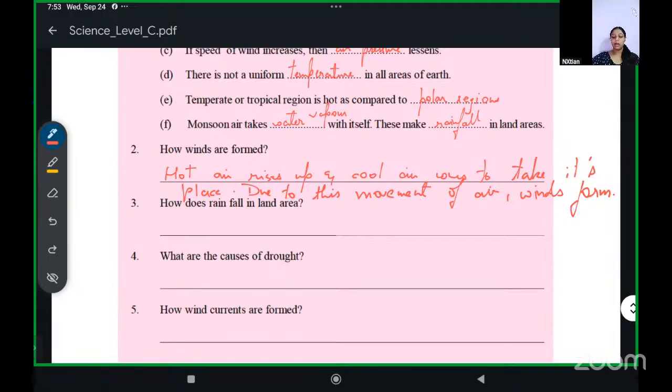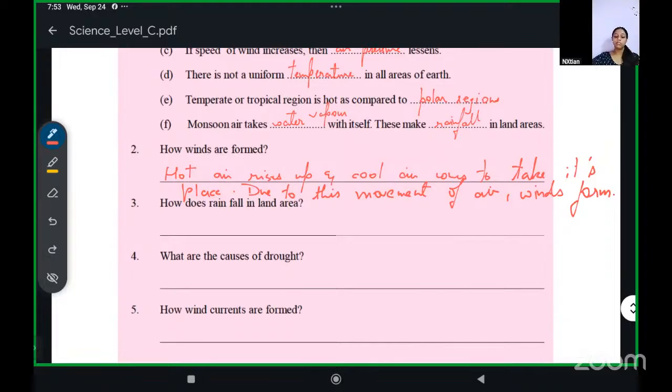Yes, Ibrahim. How does rain fall in the land area? Ma'am, I don't think I remember. Ma'am, can I see the process of rain? Yes, Emma, you can see the process.